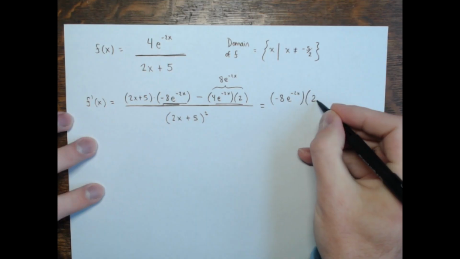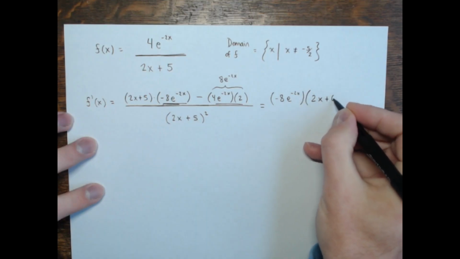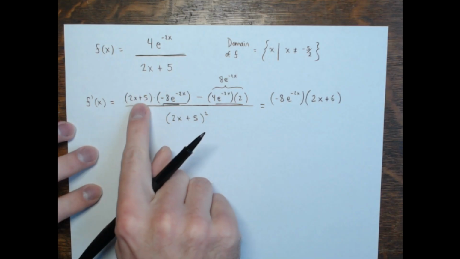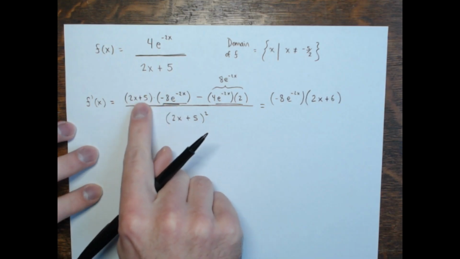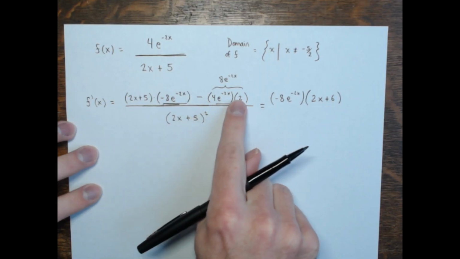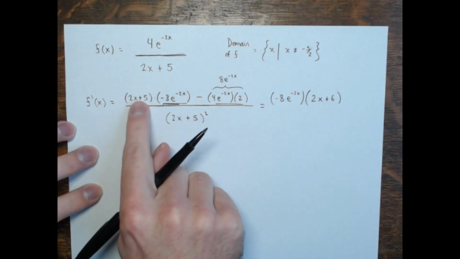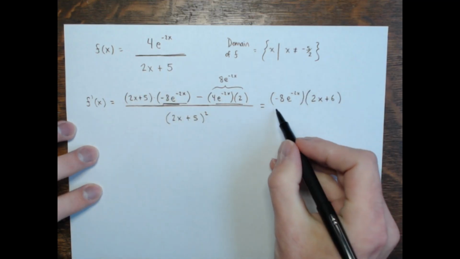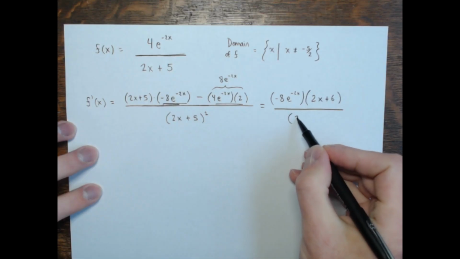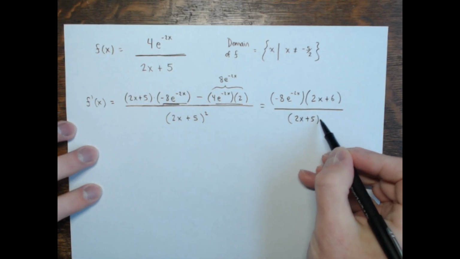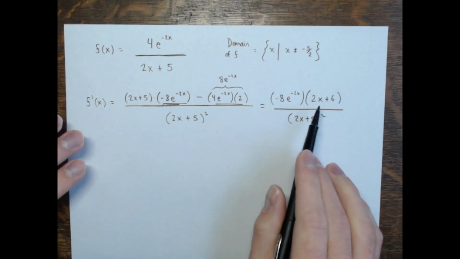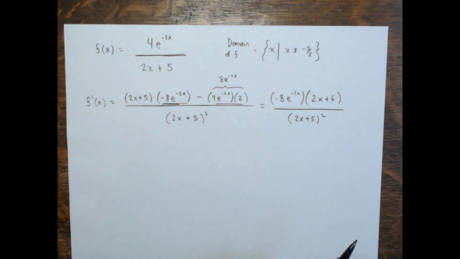So I'd have 2x plus 6 as the other factor. There'd be 2x plus 5 still left over from this first term, and then if I pull out this entire second term, you still have plus 1 left over. So again, 2x plus 5 plus 1, 2x plus 6, divided by 2x plus 5, squared. All right, so that should make it easy to determine the critical values.